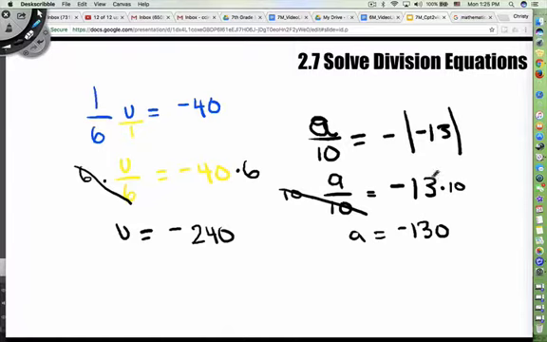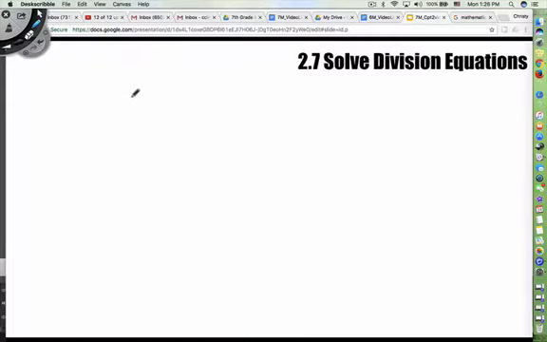Now, what happens if the variable is on the bottom? Let's add one little curveball here and see how we'll solve it. Let's say we have 10 over x is equal to 2. So we'll again try to isolate the variable.